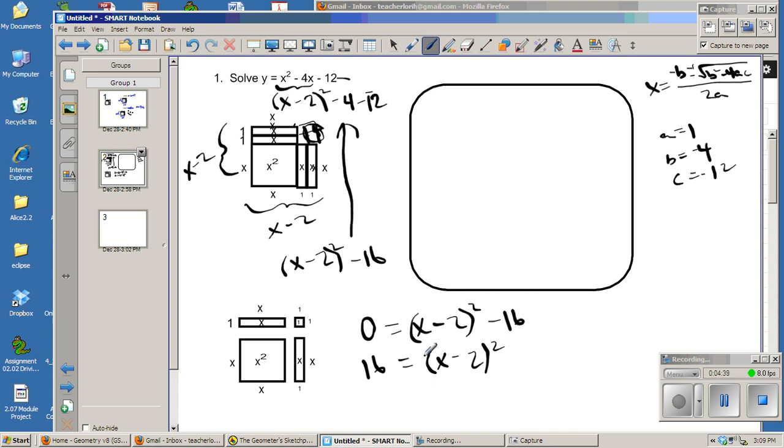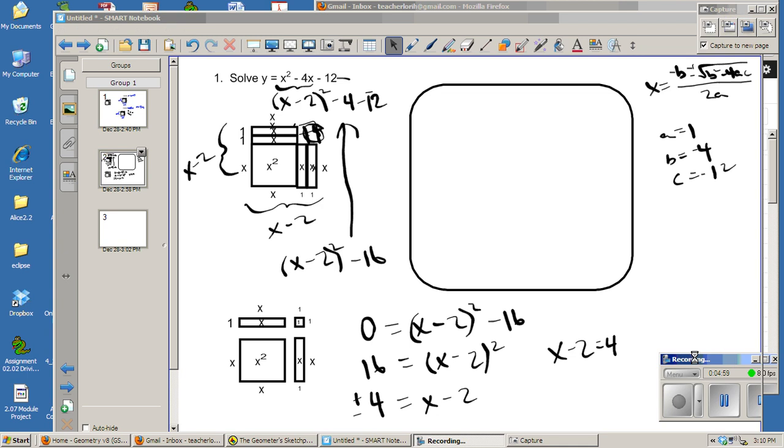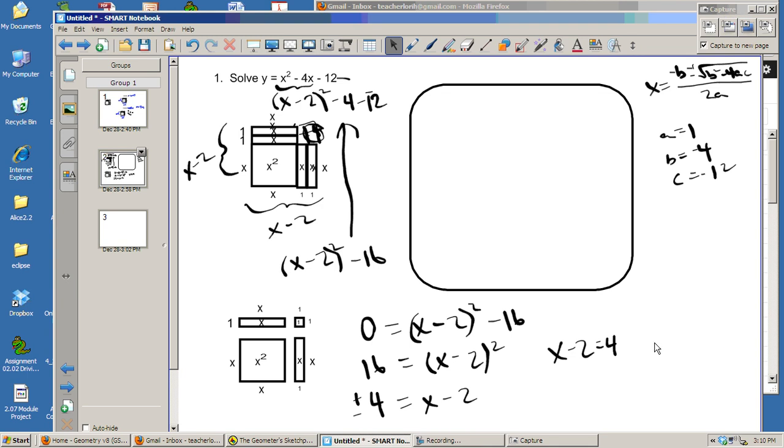And now I would take the square root of both sides to get rid of that little square. So this is going to be plus or minus the square root of 16, which is really 4. And over here I got rid of that little squared. So that means that x minus 2 is either equal to 4 or x minus 2 is equal to negative 4.